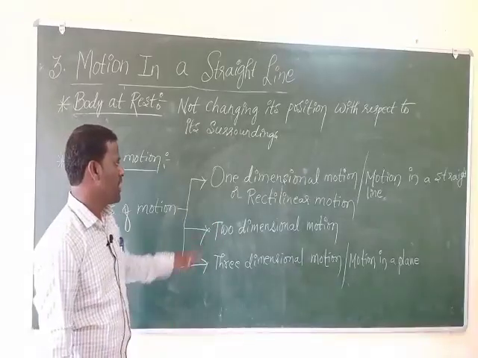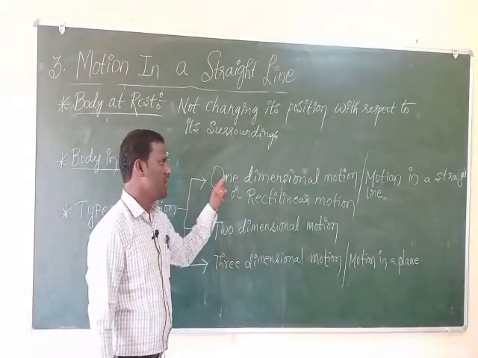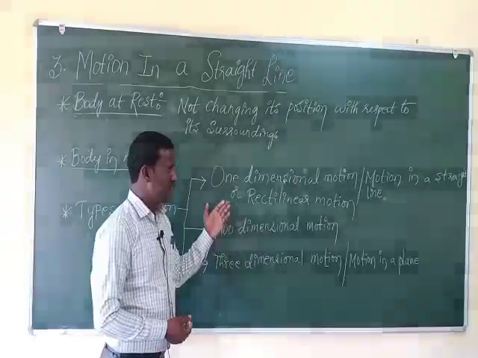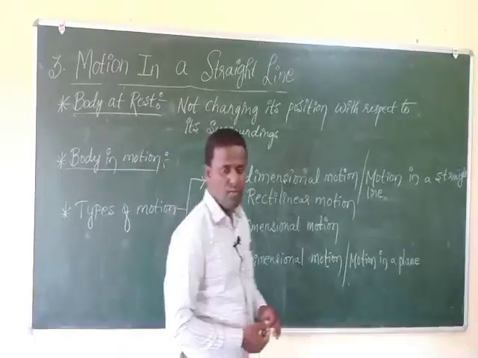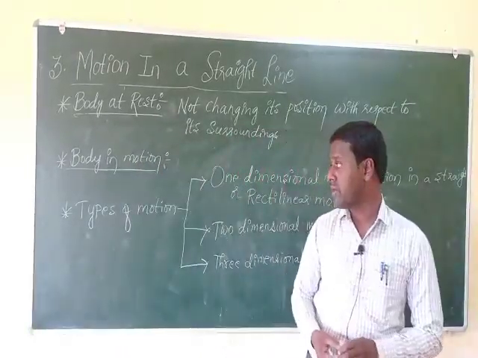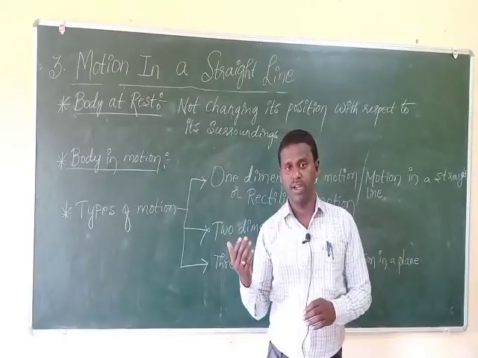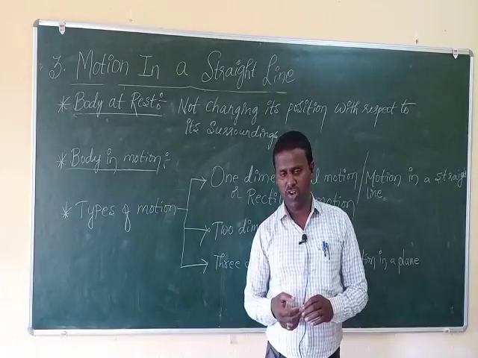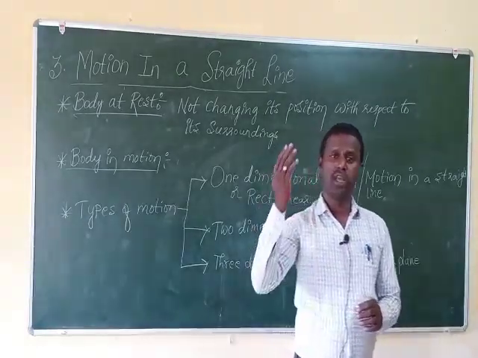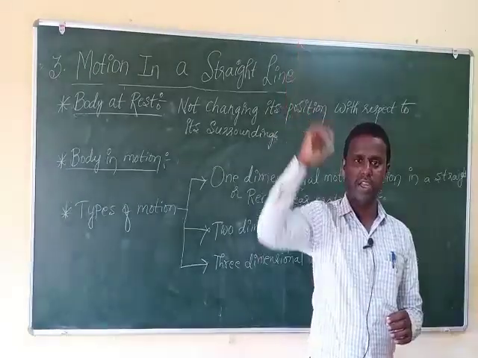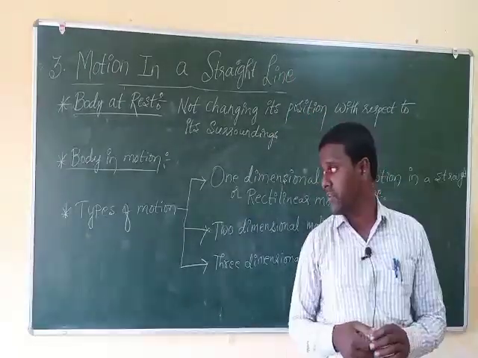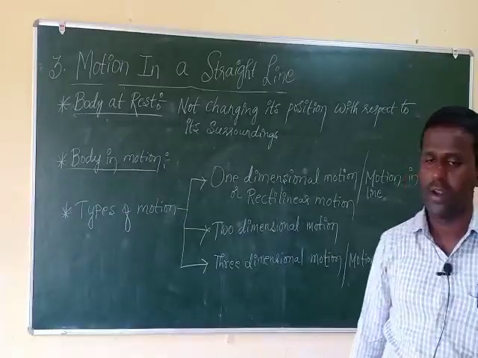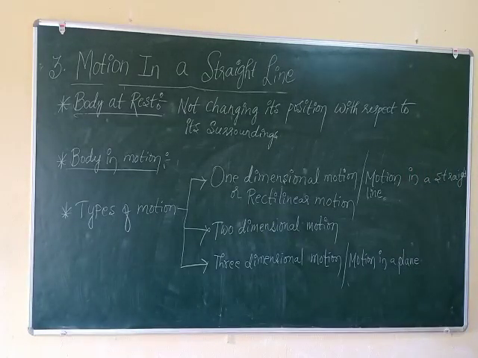Examples for one-dimensional motion, or motion in a straight line, or rectilinear motion: falling of an apple from the tree, movement of a train along a straight track, motion of a vehicle on a straight road, falling of a stone from a height. So these are the different examples of one-dimensional motion.